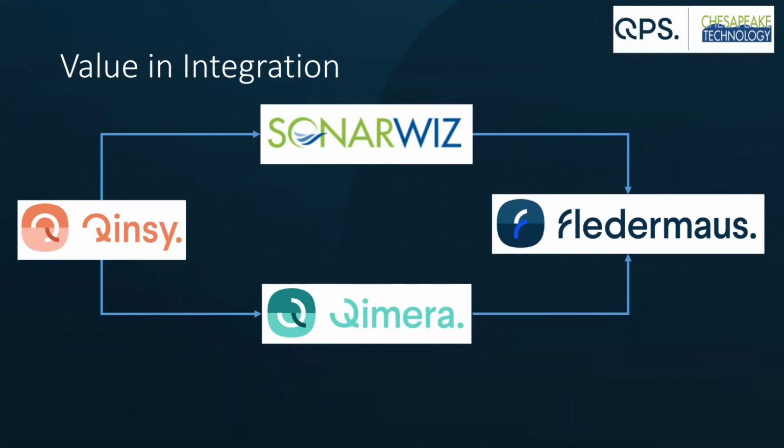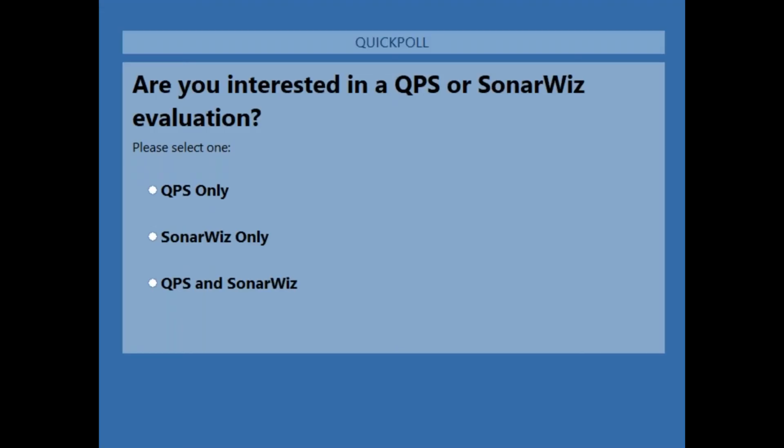I'm actually going to go ahead and start with our polls real quick before we get to the Q&As. Starting with the first poll. Are you interested in a Sonarwiz or QPS evaluation? This includes an evaluation license that we can send to your company so you can test things out. If you go ahead and choose an answer real quick, then we'll hop over to the next question.